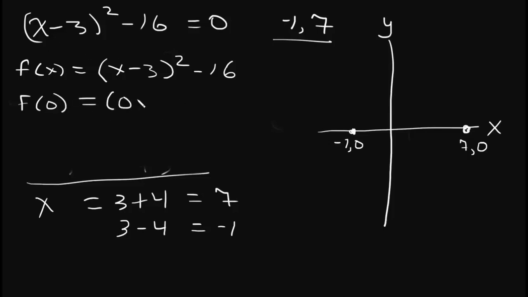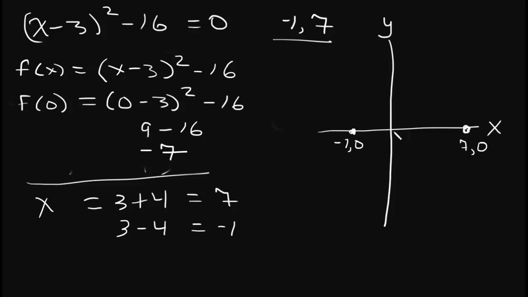We'd have 0 minus 3 squared minus 16, and 0 minus 3 is negative 3. Negative 3 squared is positive 9 minus 16, and 9 minus 16 is going to be negative 7.